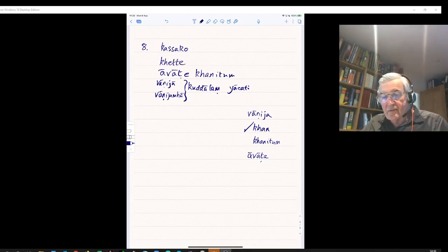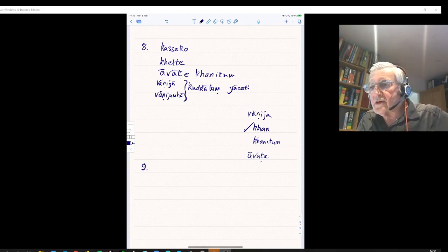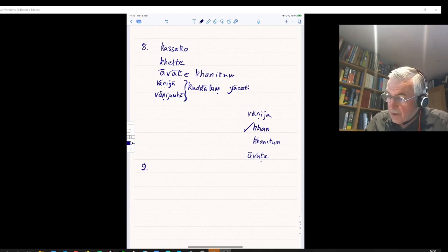So the entire sentence is kasako kete avarte kanitum varnijamha kuddalam yachati. Now, number 9. Lay devotees assemble in the monastery to worship the Buddha. So, upasaka, lay devotees.